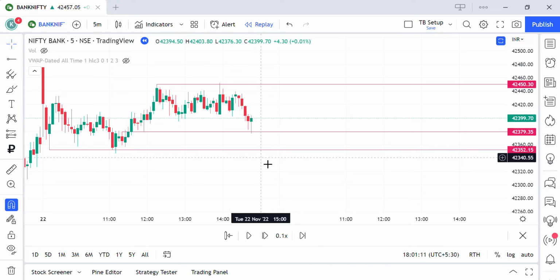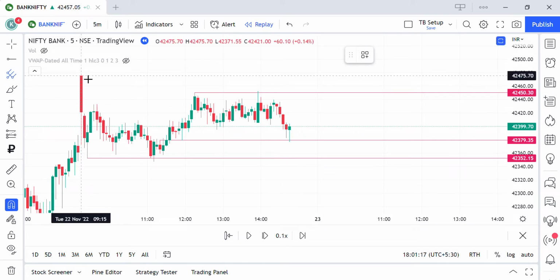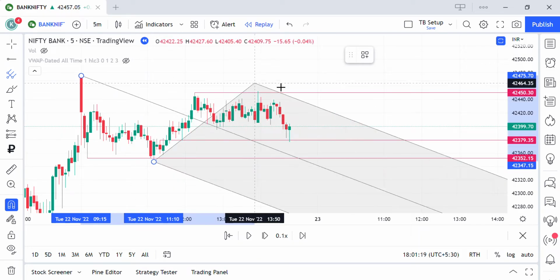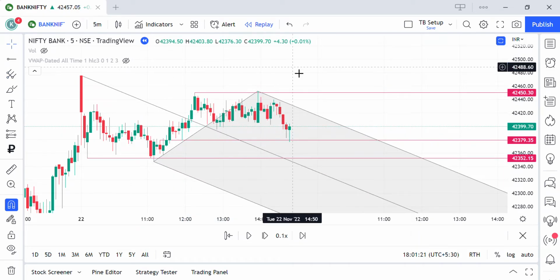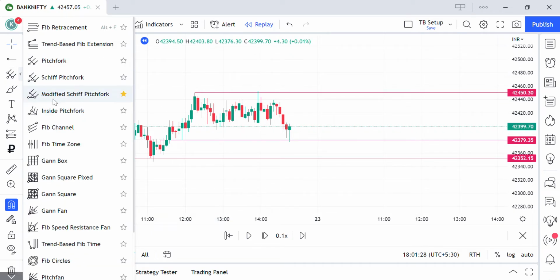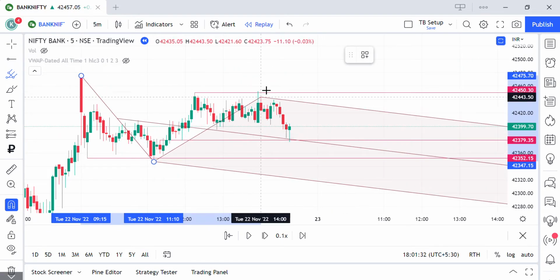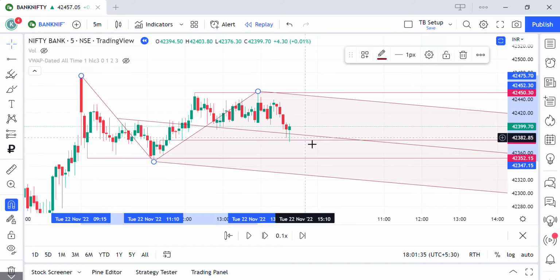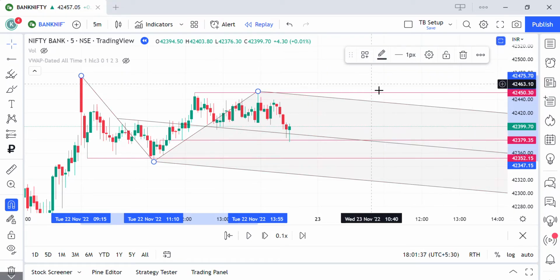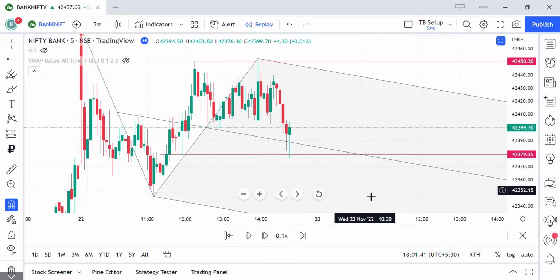Now let us try to bring some line work in alignment with this context. To do that, let us draw a pitchfork in the major dimension. In the major dimension, you don't see price respecting this line. This is a standard pitchfork. However, if I draw a modified pitchfork, you can see that price is respecting this midline of the pitchfork beautifully in the major dimension.